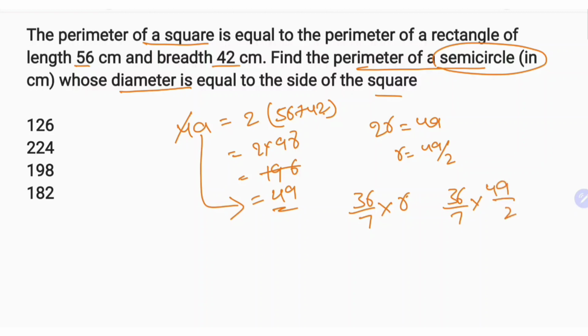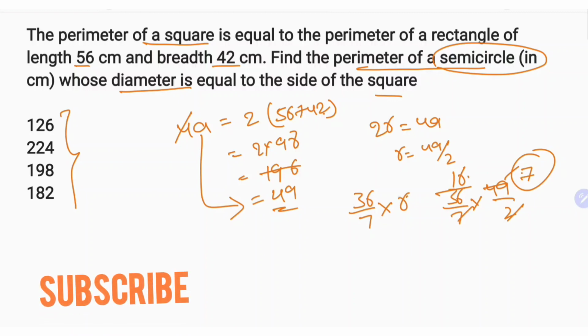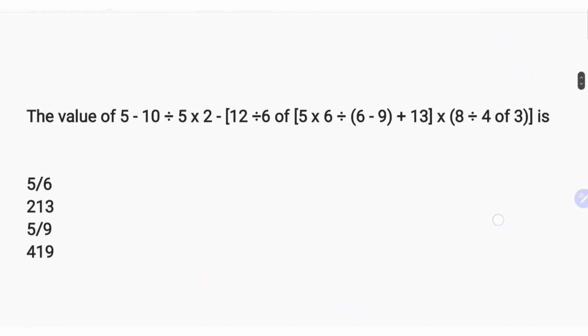Before cancellation, observe one thing: 7 multiple. To multiply quickly, you can easily solve this question by choosing the 7 multiple. Otherwise, the unit digit is 6, first option. Clear? Next question.